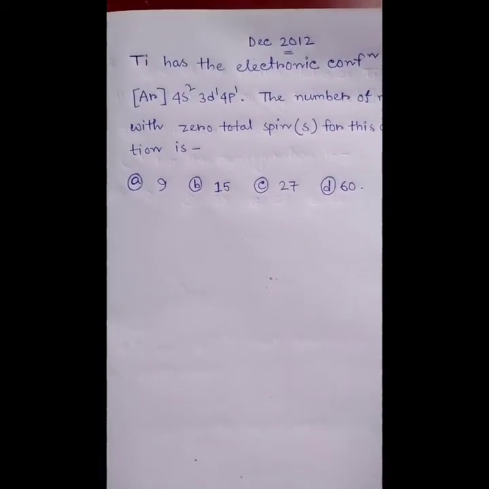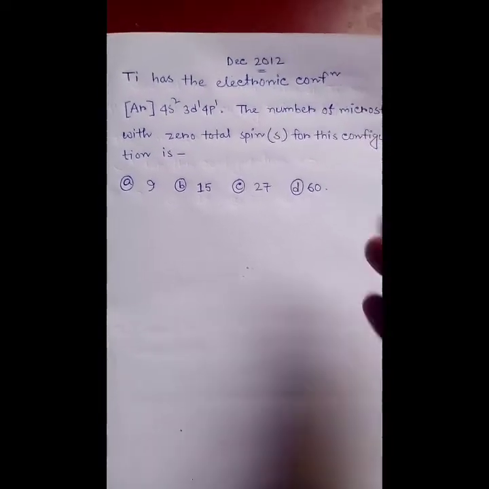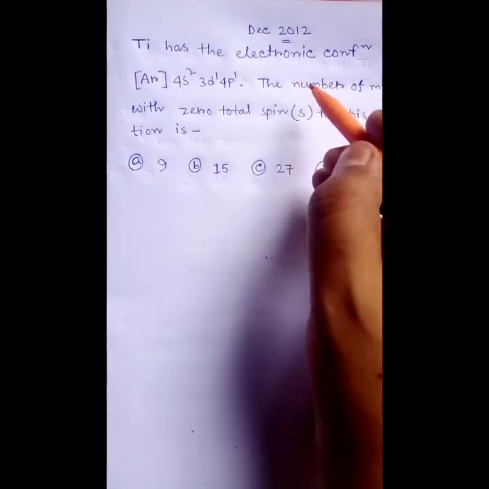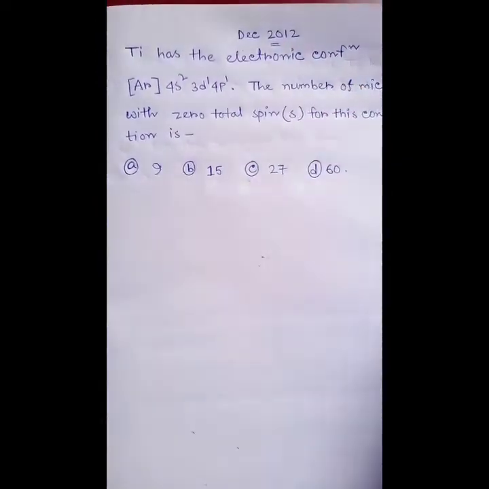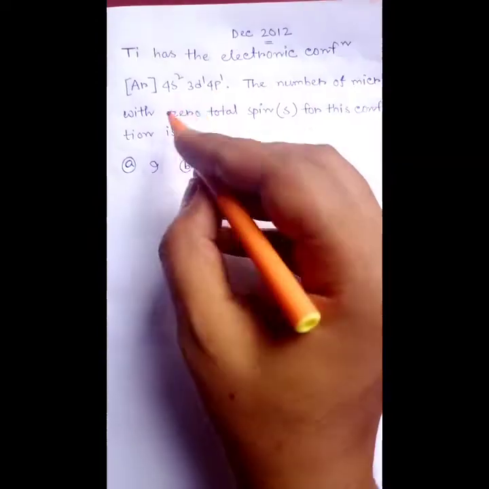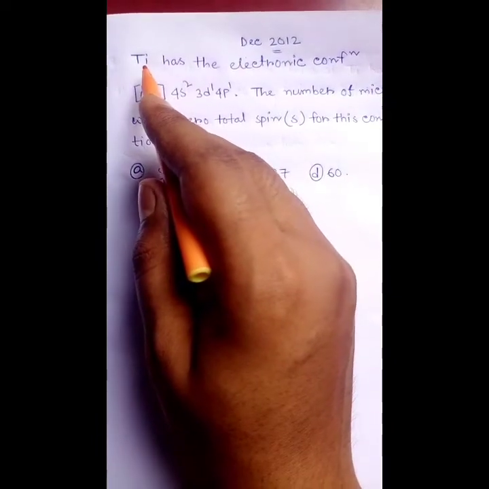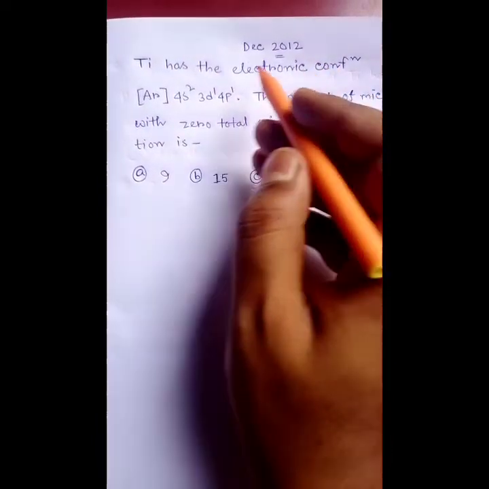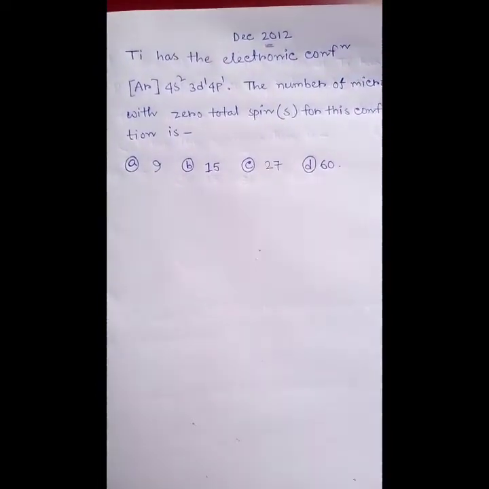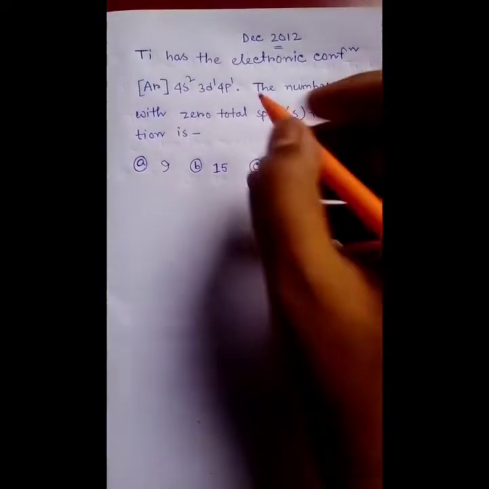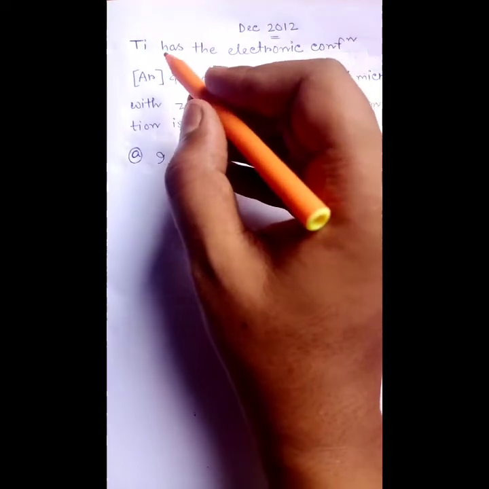The next example is a question that came in the December 2012 CSIR NET exam. The question was that titanium has the electronic configuration. Some part was there that I didn't mention here because that is not important and there will be no use of that part.